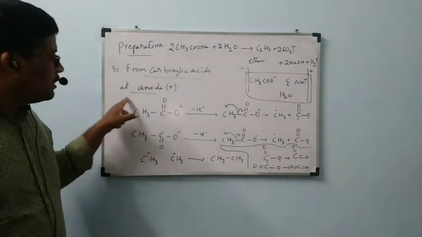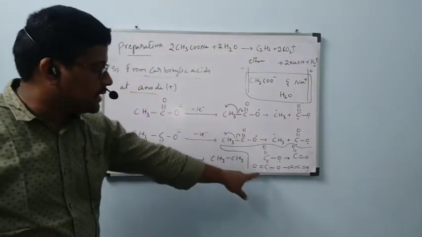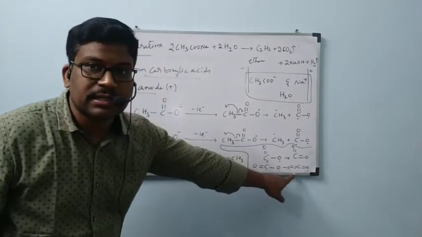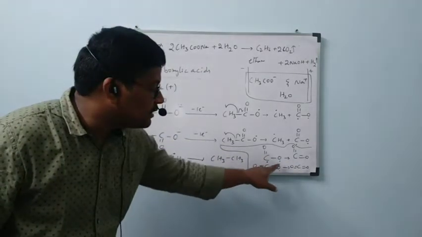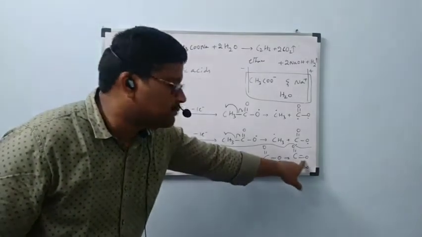At the anode, we got C2H6 and 2 moles of carbon dioxide. This is 1 mole of carbon dioxide. This is 1 mole of carbon dioxide. Carbon has 1 free radical, 1 electron. Oxygen has 1 electron. They will be involved in a bond to form a double bond.